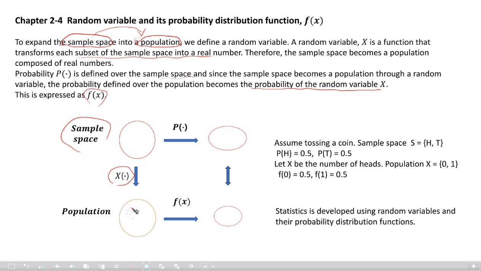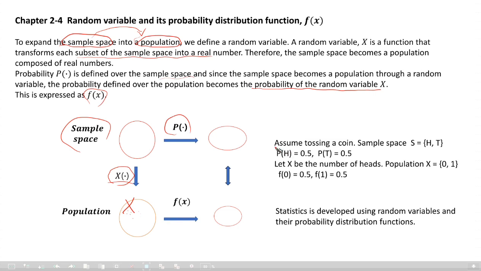That is the population, so we may use x as a population. Then there is a probability P, and also a probability f of x over the population. That's how we understand random variable x and its probability distribution function f of x.